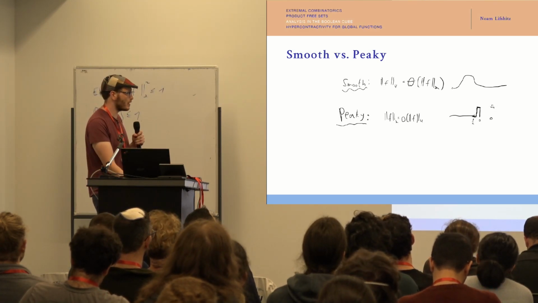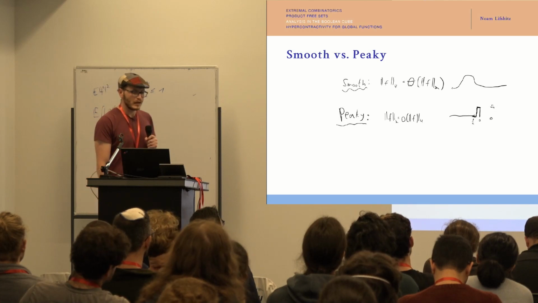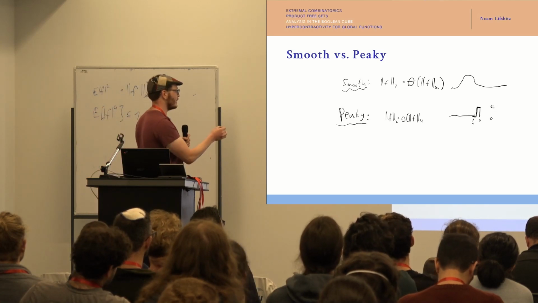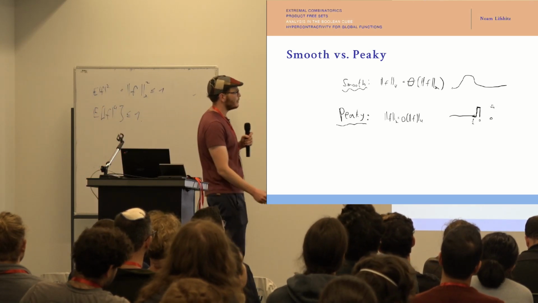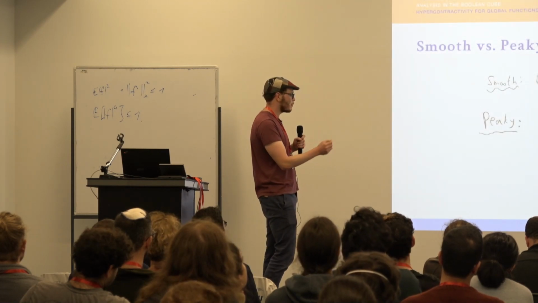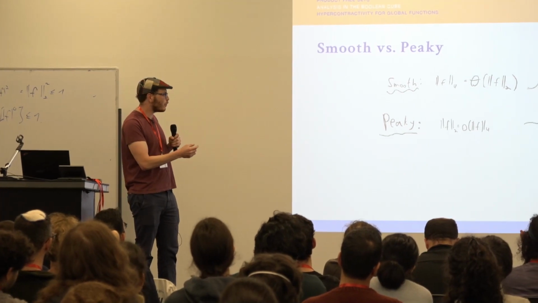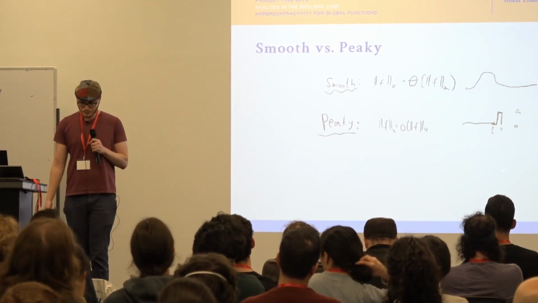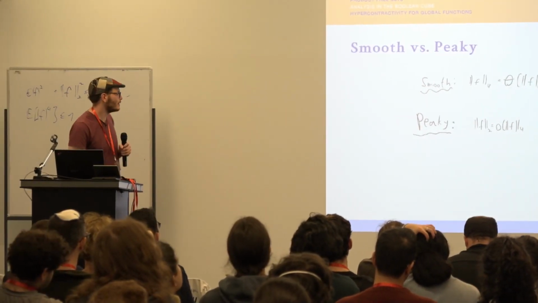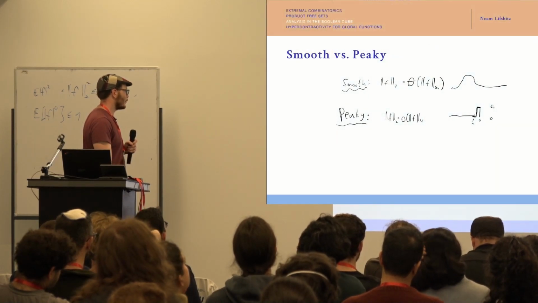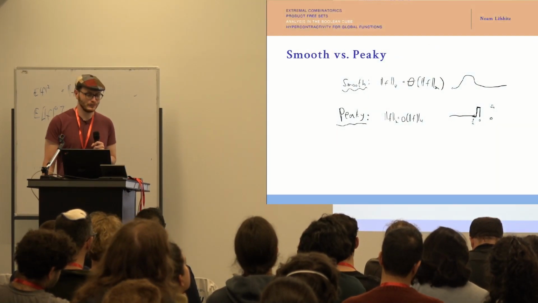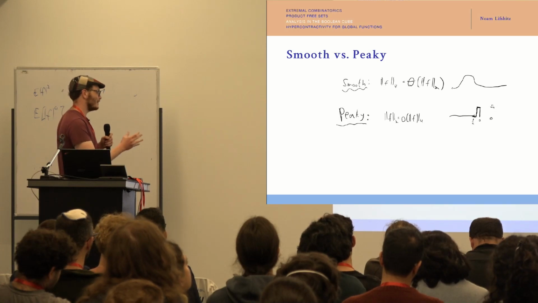But you also have this picky behavior, where you take the value, let's say root n, with probability 1 over n. Then the 2 norm is 1, but the 4 norm is much larger. The 4 norm to the 4 is going to be n, so the 4 norm is going to be n to the 1/4.